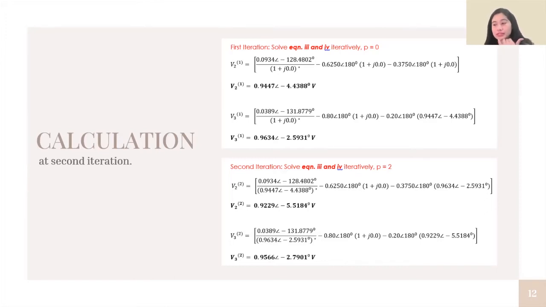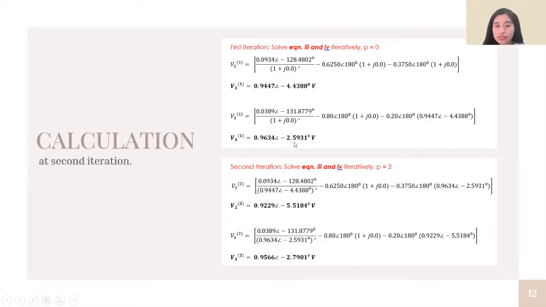Okay? Then we have to solve for V sub 2 for our second iteration. So that will be equivalent to 0.9229 at an angle of negative 5.5184 degrees voltage. As for our V3, same process. So nauna lang yung denominator niya is V3 or our V sub 3.